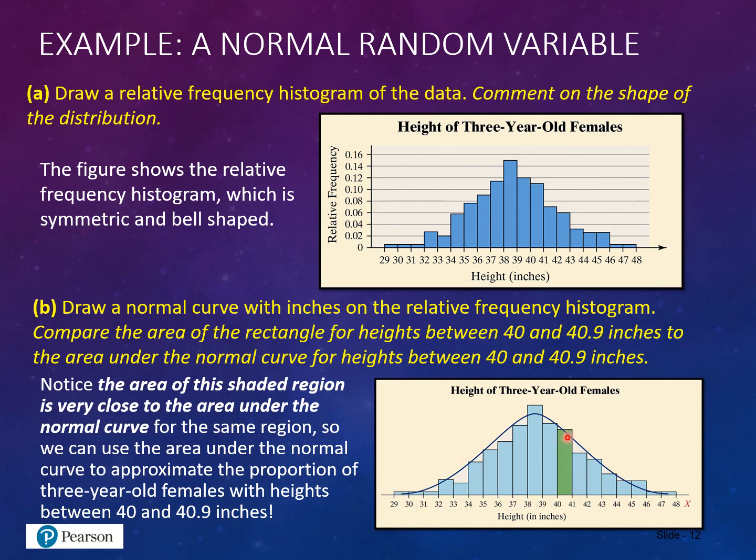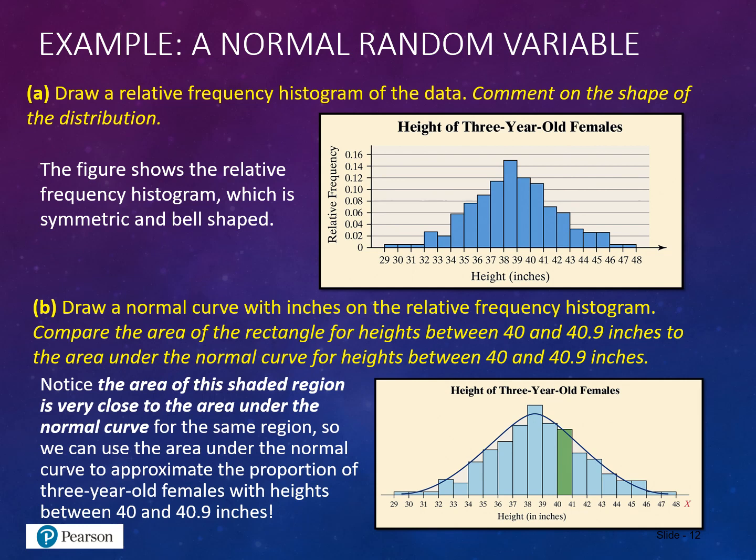Notice the area of this shaded region of the rectangle is almost the exact same as the shaded region under the curve. There's a little bit of the rectangle above the curve, and there's a little bit below the curve. So it's very close to the same area under the curve as it is in that rectangle.